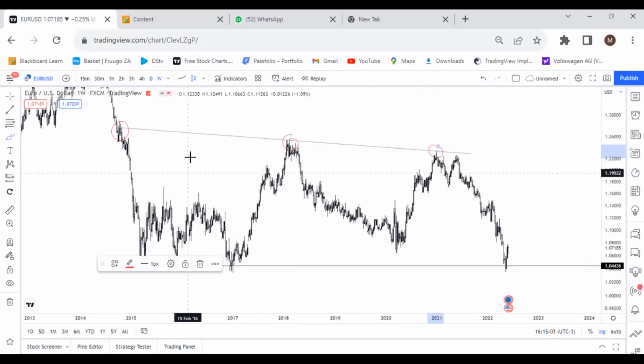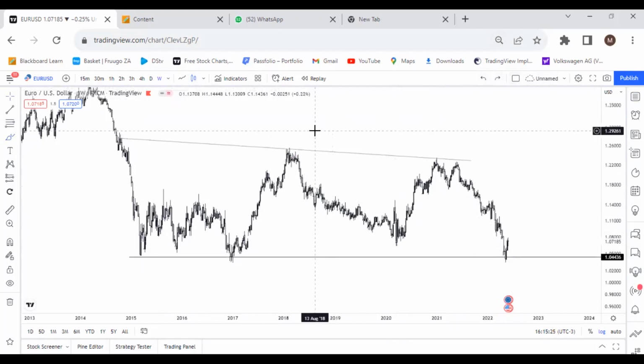And using our trading strategy, the third touch usually has the highest probability, which means when you trade off the third touch, you have a greater chance of succeeding.